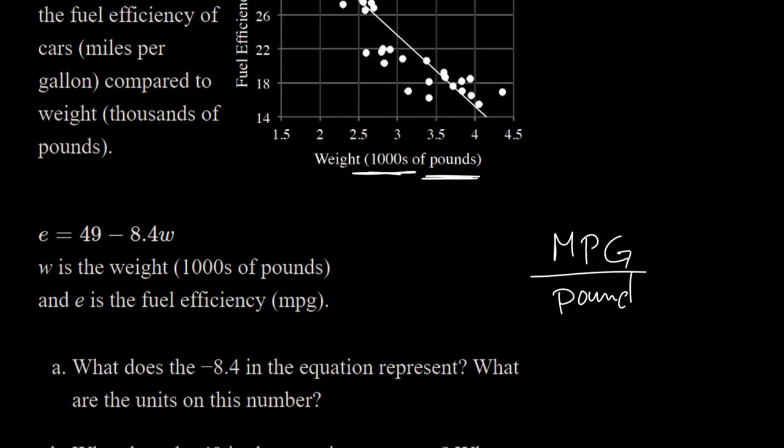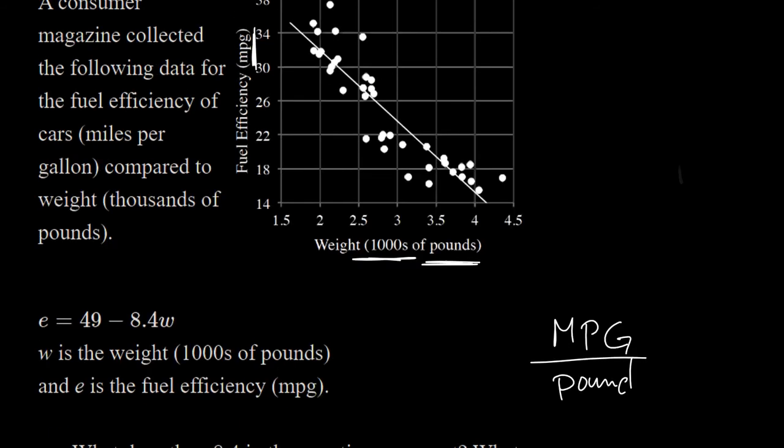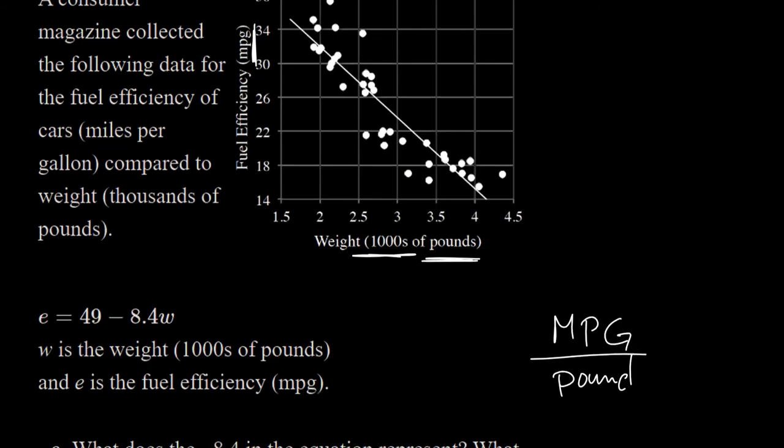P-O-U-N-D. And how I got the unit is I know that's the slope, it's the rate of decrease. So that slope pattern, right, the change in y divided by the change in x. Well, the units of y are miles per gallon and the units of x are pounds. So the units of that rate are miles per gallon per pound.